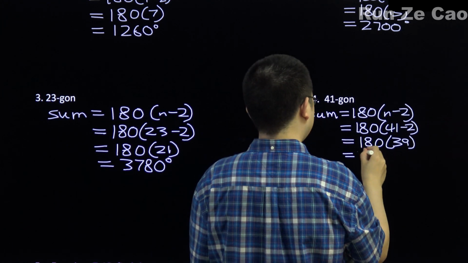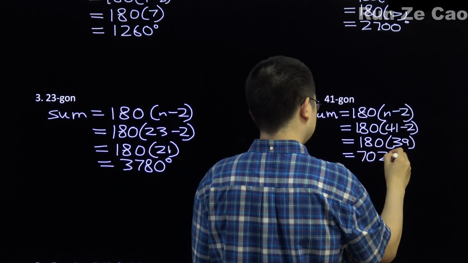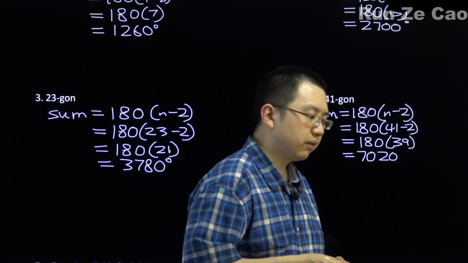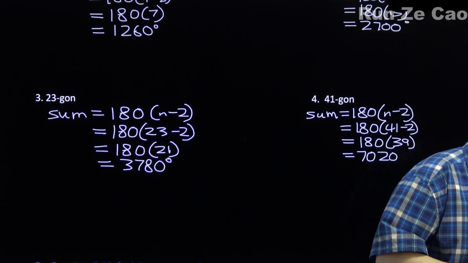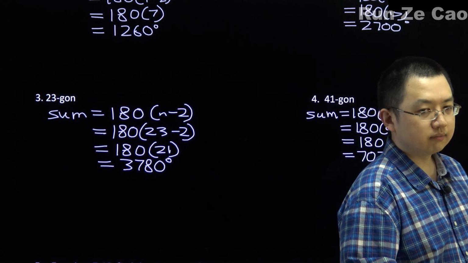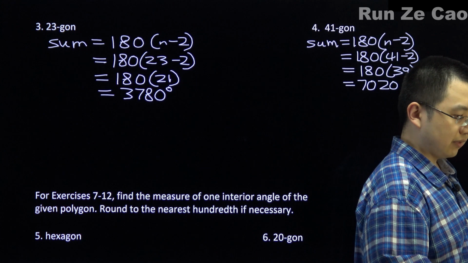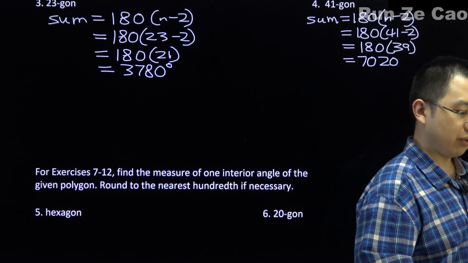So we multiply and we find this is 7020. Of course, we could have also gone with times 40 minus 1. So yes, times 40, and then subtract 180. Well, after you put in the distributive property, that is.